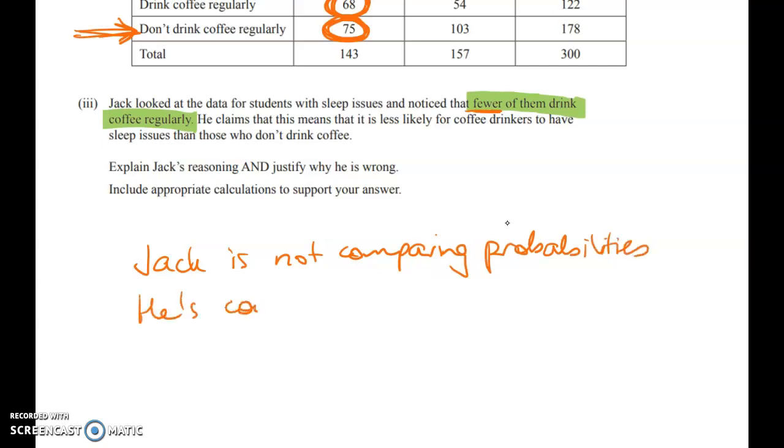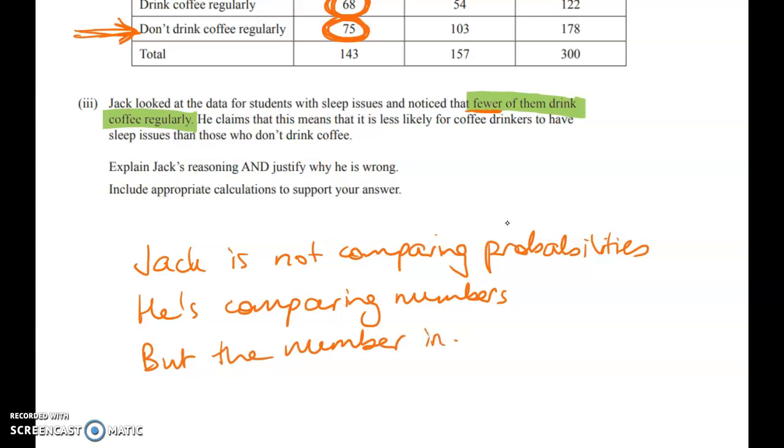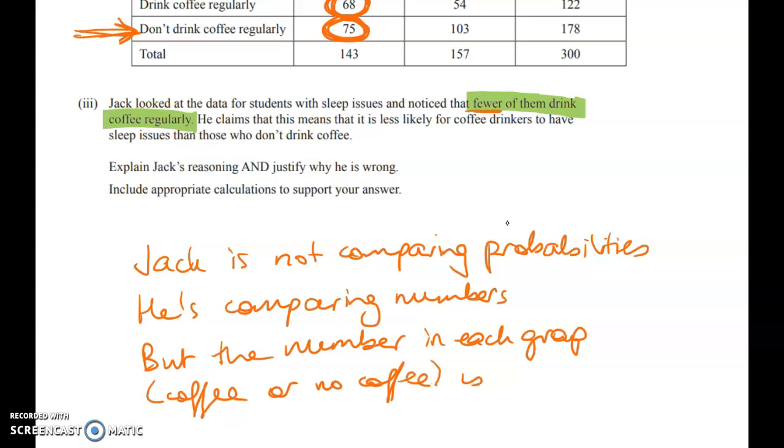He's comparing numbers, but the number in each group, coffee or no coffee, is different. So that's the first thing to say.